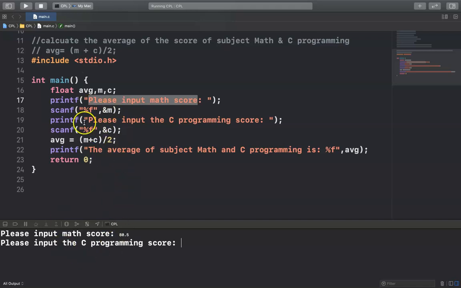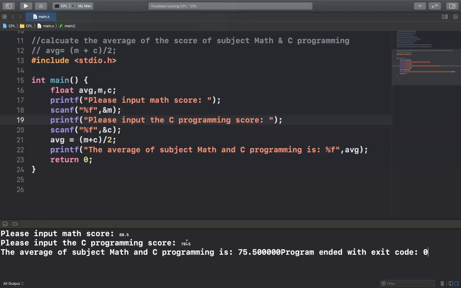And then it will print please input the C programming score, and here the user will input, for example, 70.5 and then enter. Average of these two subjects is 75.5. Let me enter it here.